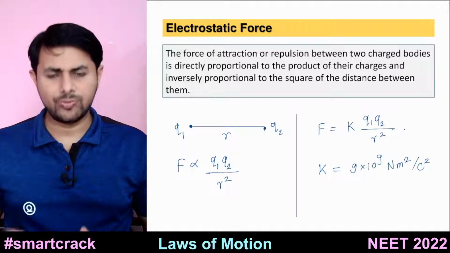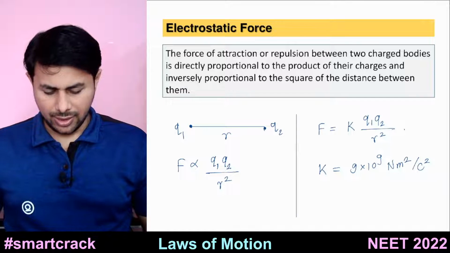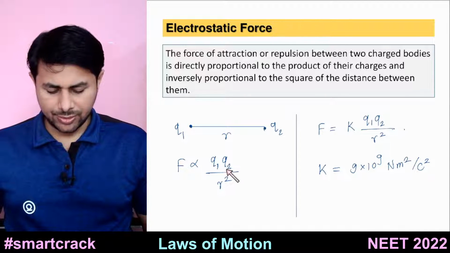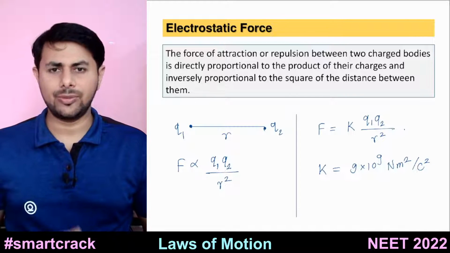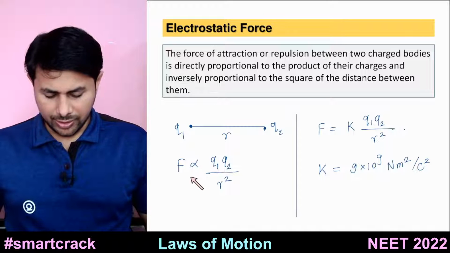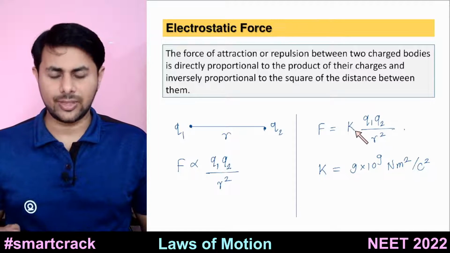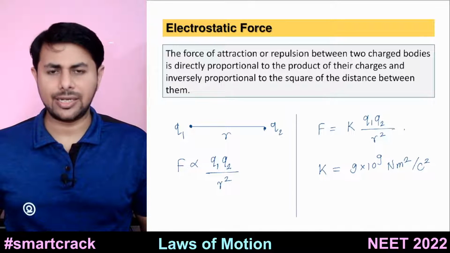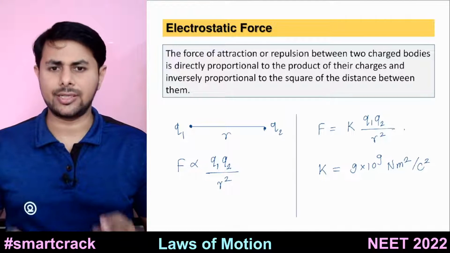The force between them is called the electrostatic force, and that force is also directly proportional to the product of those two charges, q1 and q2, and inversely proportional to r square. If you remove the proportionality sign and put an equality sign, a constant will come. So F is equal to K times q1 q2 over r square. That is the electrostatic force.